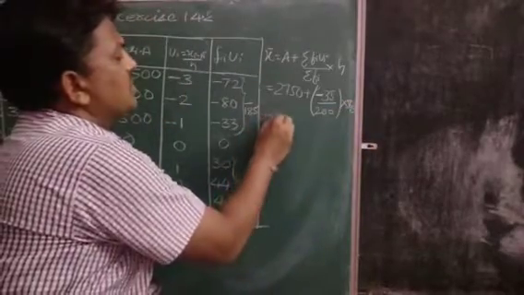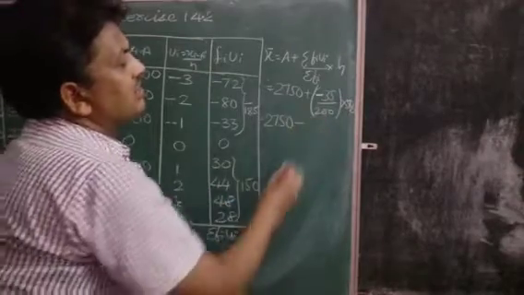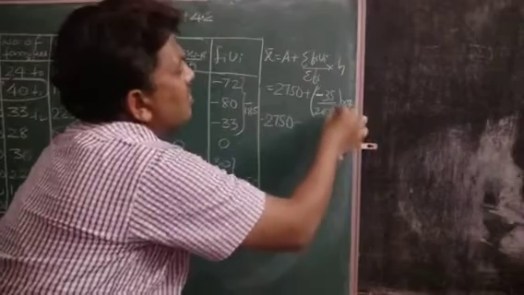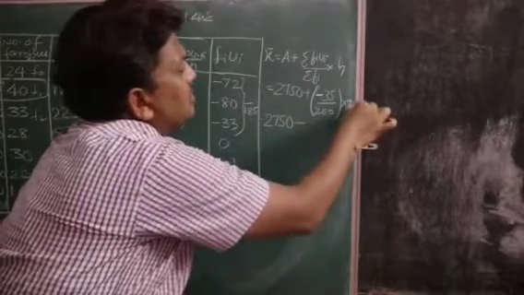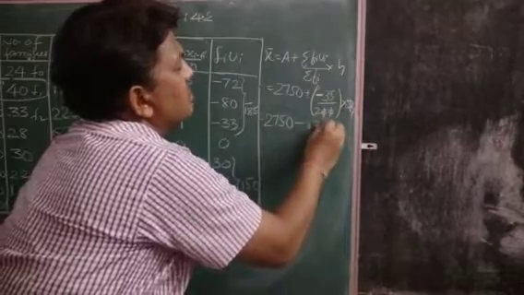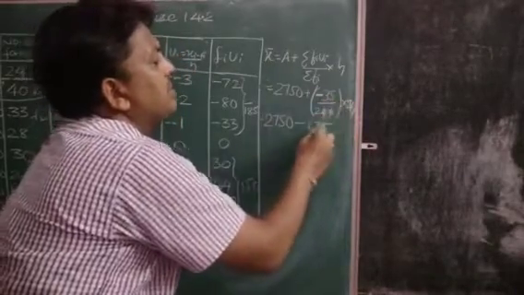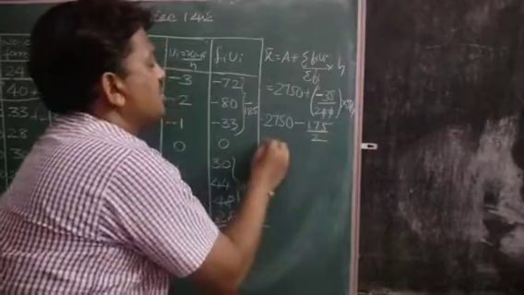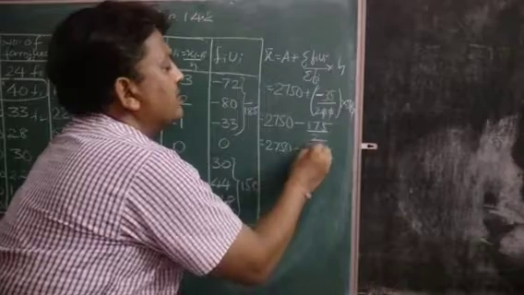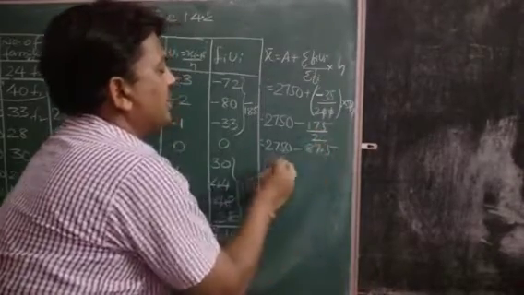So mean is equal to 2750 plus minus 35 into 500. So two zeros here cancel. 5 into 35, 175. 2750 minus 87.5.